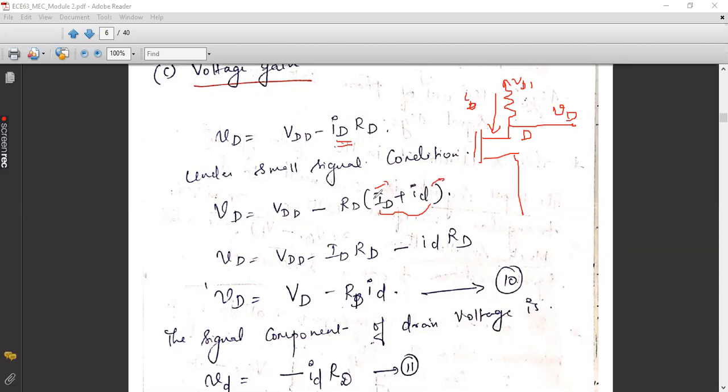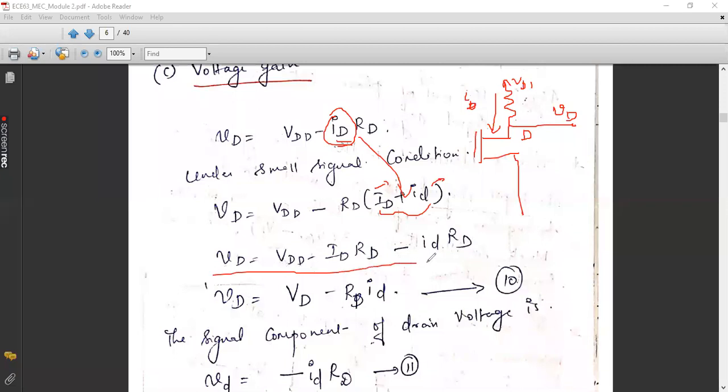Please don't write anything now. Capital ID is the DC current and small letter id is the AC current. So in place of iD, we replace ID plus id. Then open the brackets and simplify it. So vD is equal to VDD minus ID RD minus id RD.